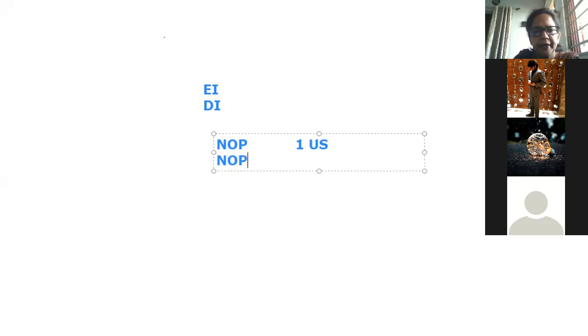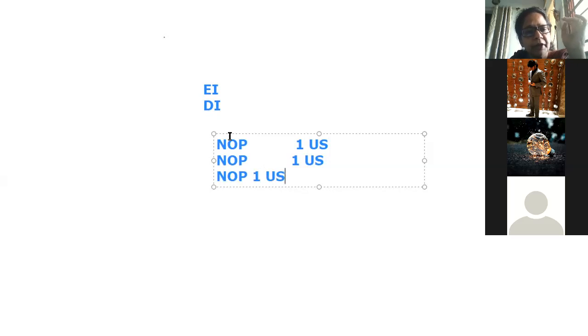Now again, if I write NOP, it will require 1 more microsecond. And again, if I write NOP, it will require 1 more microsecond. So that means 3 microseconds delay has been introduced between this instruction and this instruction. So if you want to introduce a certain amount of delay, we can use the no operation instruction.